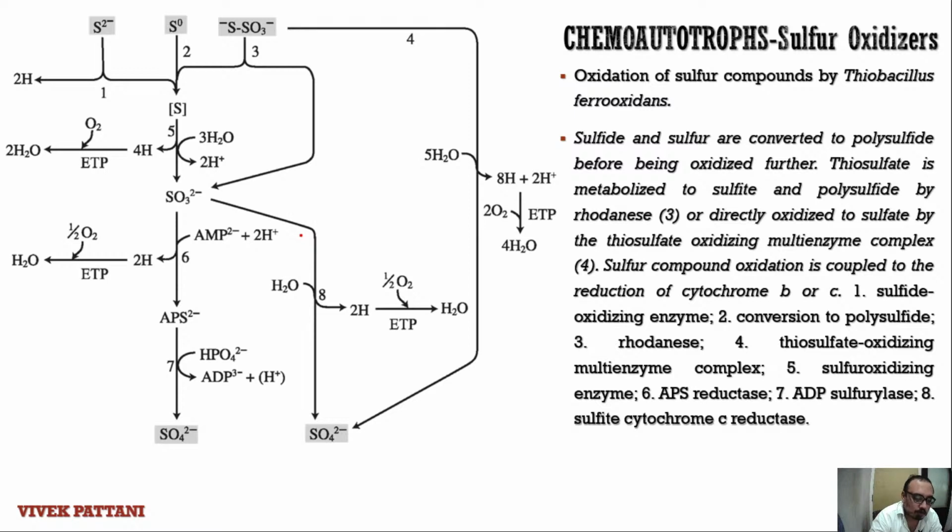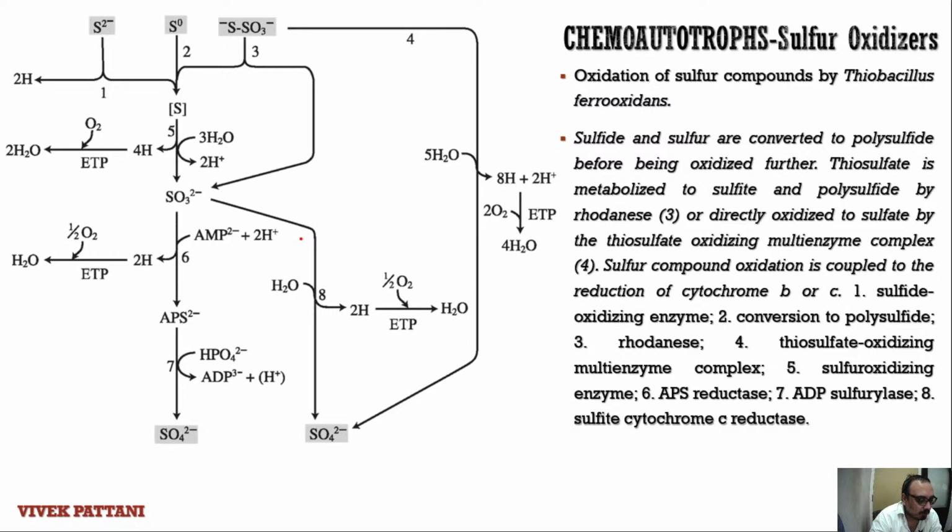The electron donors they use are elemental sulfur and sulfides, and they are obligate chemoautotrophs, or more specifically, obligately autotrophic.